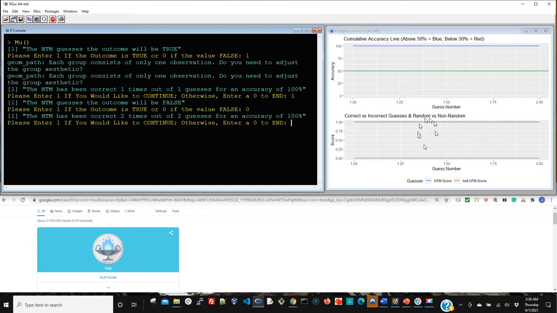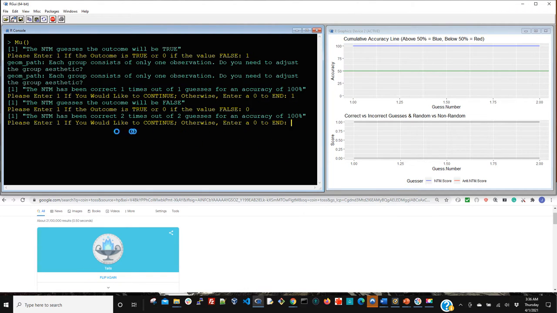So these down here will switch positions whenever the machine drops below 50% cumulative accuracy. But right now it's at 100%. So what it's saying is, my first guess I got correct, I gave it a 1. My second guess I got correct, it's got a 1. And the red line represents the opposite, and that makes it easier to see patterns, as you will see.